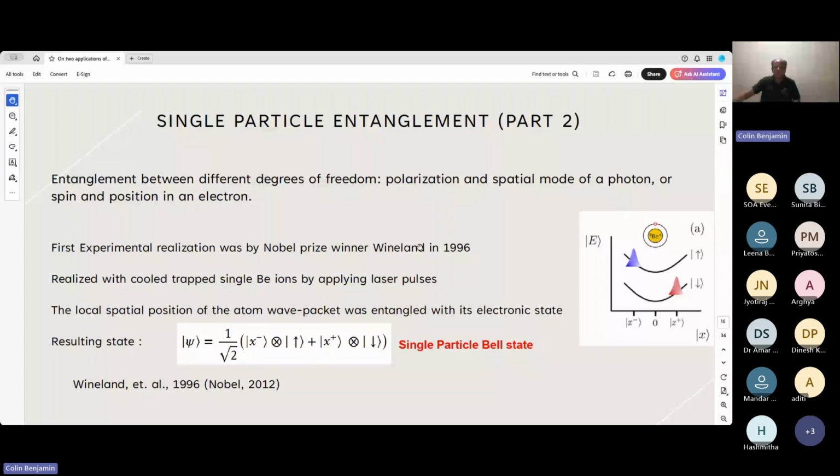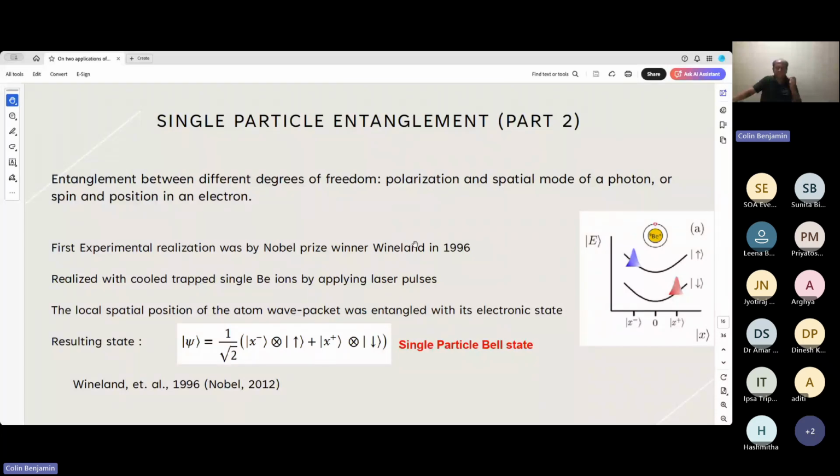That means, can entanglement be formulated between 2 distinct degrees of freedom of a single particle? Say a photon, its polarization and its spatial mode are 2 different degrees of freedom, or the spin and position of an electron, that is the spin degree of freedom and the orbital degree of freedom of an electron are 2 distinct degrees of freedom. Can I generate entanglement between these 2 distinct degrees of freedom?